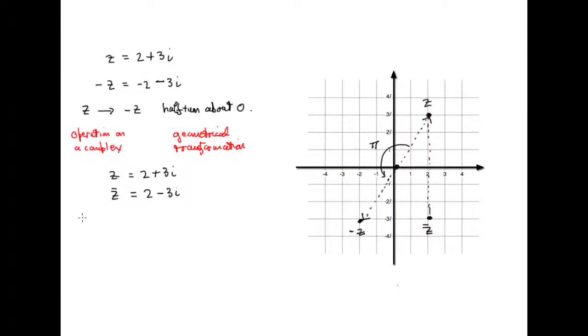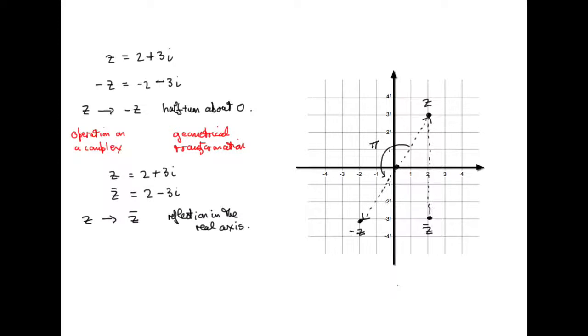So once again, an operation on complex numbers has resulted in a geometrical transformation, this time reflection in the real axis. So worth emphasizing that calculations or operations to do with complex numbers can be interpreted using this Argand diagram as geometry or geometrical transformations.